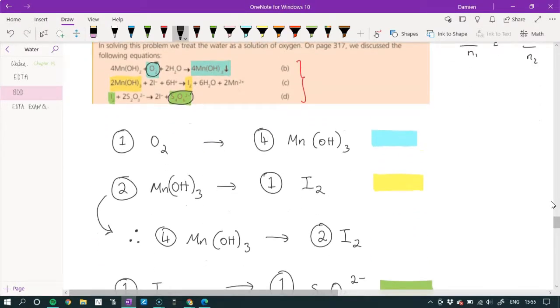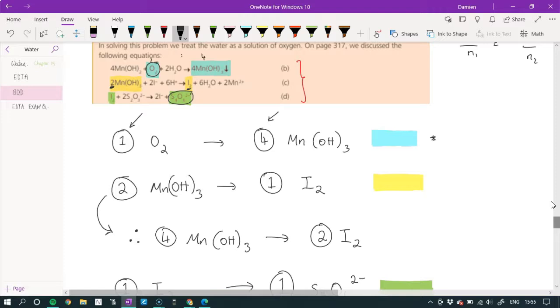As you can see, this is 1 mole, it's not step 1. This is 1 mole of oxygen will give 4 moles of Mn(OH)3, and I have them colour coded blue. So that's a 1:4 ratio. Then on the second line, we have 2 Mn(OH)3. 2 of these here will produce 1 iodine molecule. So that's a 1 before the iodine.